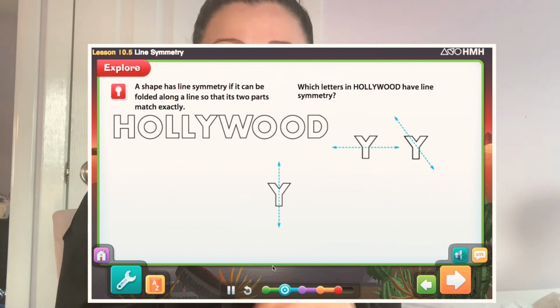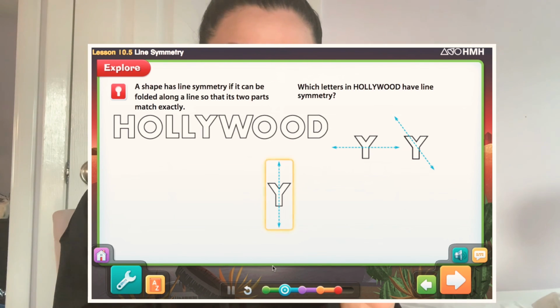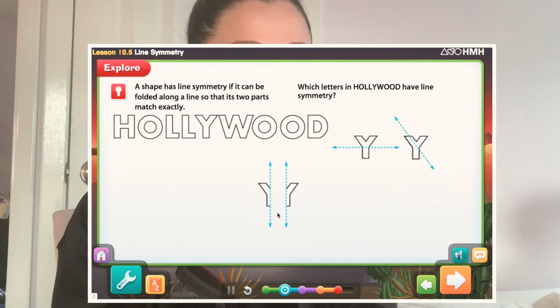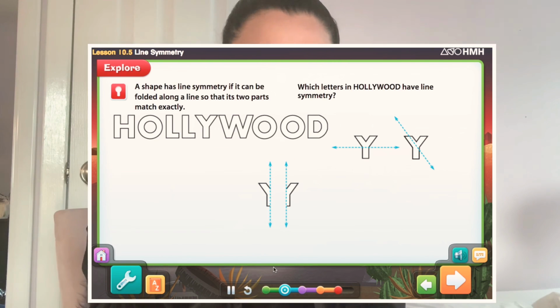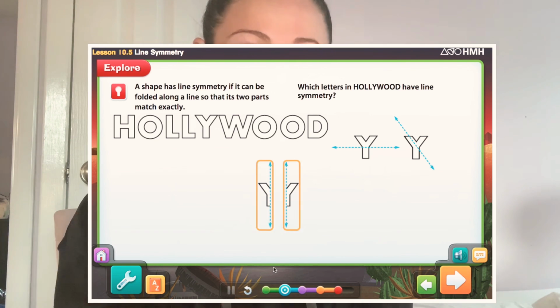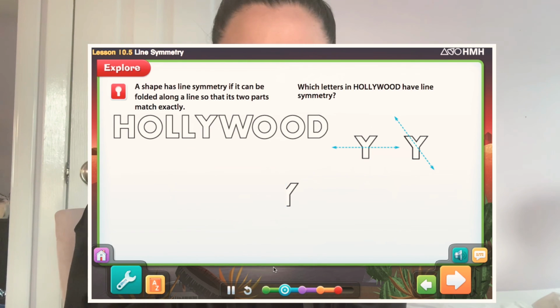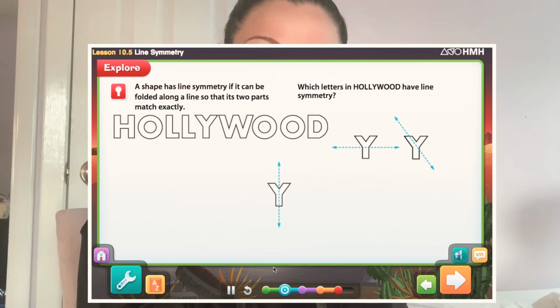Sometimes figures can be symmetrical only one way, but let's try one last one. Vertically, up and down on the letter Y does show a line of symmetry. Do you see how both sides match exactly? That's the key here. When you're asked, can you identify a line of symmetry, what you're looking for is if both sides match exactly.